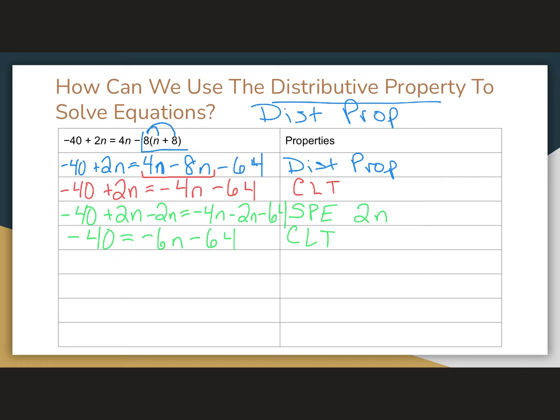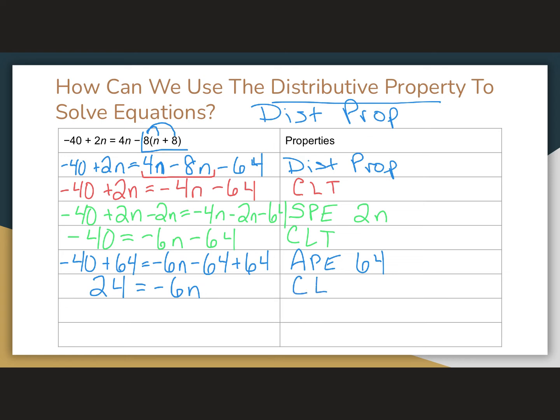My next step is to add 64 to both sides, using APE. So I have negative 40 plus 64 equals negative 6n minus 64 plus 64. On the left side, I am left with positive 24 equals negative 6n when I combine my like terms.